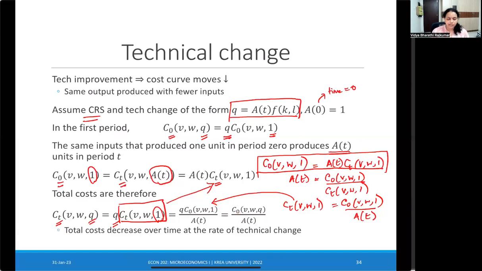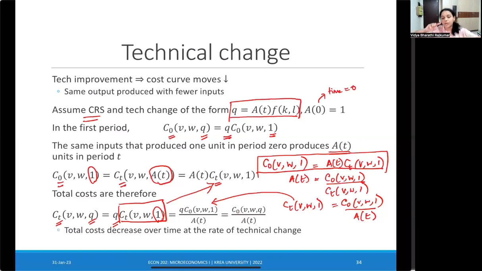Now let's unpack this. I'm trying to see how my cost of producing Q units will be in a time period T where technical progress is happening. And I see that at time T, to get Q units, that cost is going to be how much it would have cost me to make Q units at the beginning, time 0, divided by A of t.